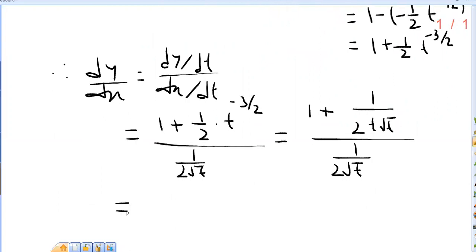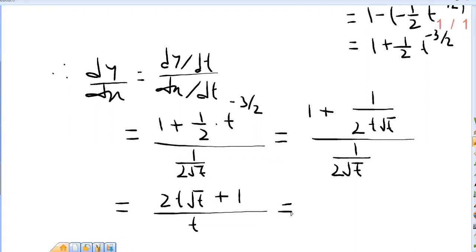So multiply numerator and denominator by 2t root t. So this is 2 t root t plus 1 upon, 2 root t cancels, so it will be just t.